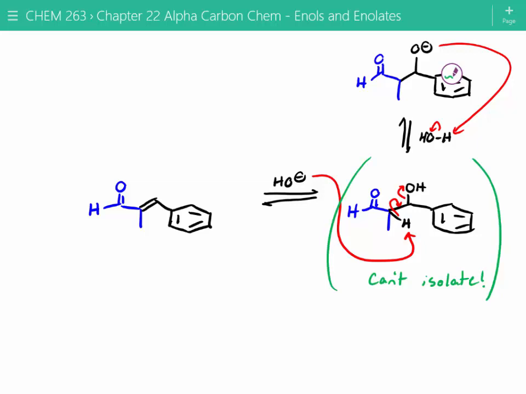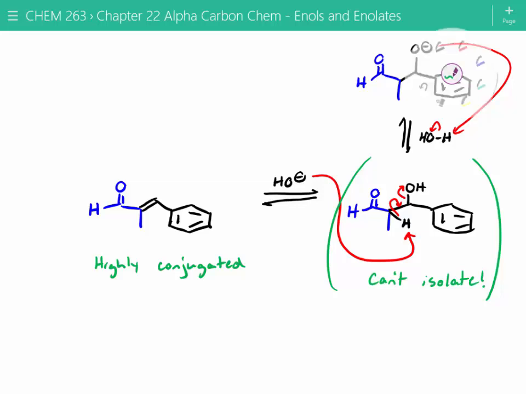Why do you think we can't isolate that? Because it wants to be conjugated. Yeah, it wants to be conjugated, right? So if we look at this, we can say this is highly conjugated, which really drives the reaction forward. This is thermodynamically very downhill.